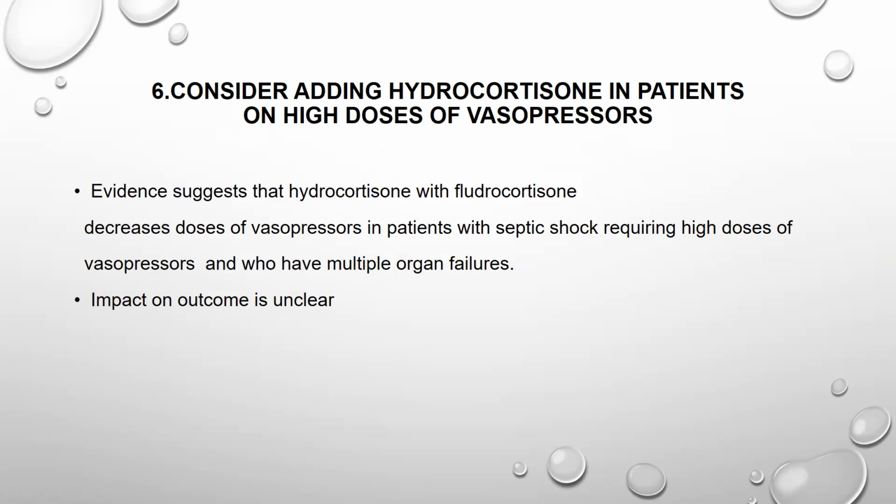Adding hydrocortisone will help you reach your therapeutic goals and will help you minimize the doses of inotropes. But nevertheless, the impact on the outcome is unclear. It helps us when the inotropes fail to reach our goals, but whether it can affect the outcome is not clear, due to the wide variability of patients and the comorbidities the patient has, so you cannot judge whether it will affect the outcome of the patient or not.